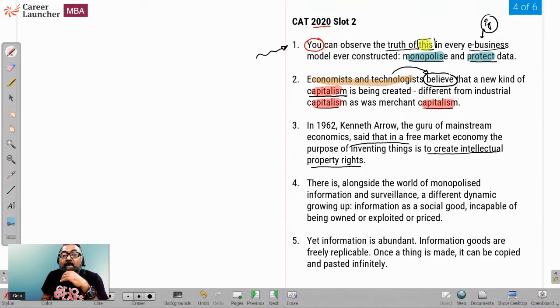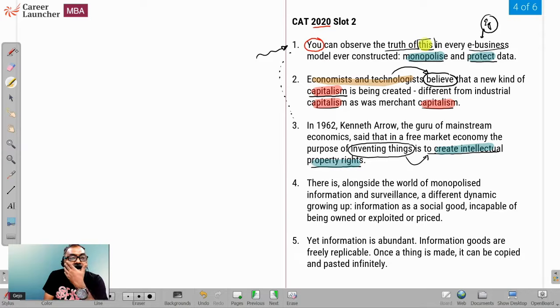Intellectual property right is about protecting data. There probably is not a direct link, but from an idea perspective, there is a connection between sentences 1 and 3, though there is no connection between a free market economy and capitalism here.